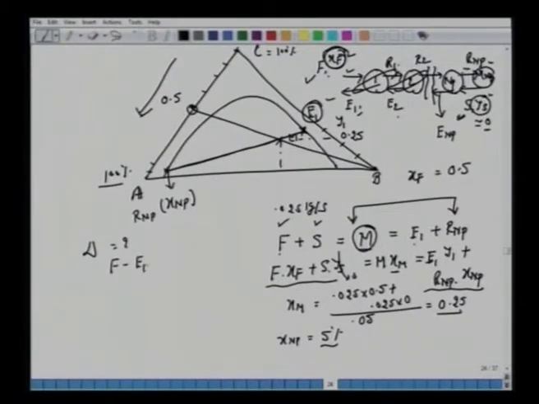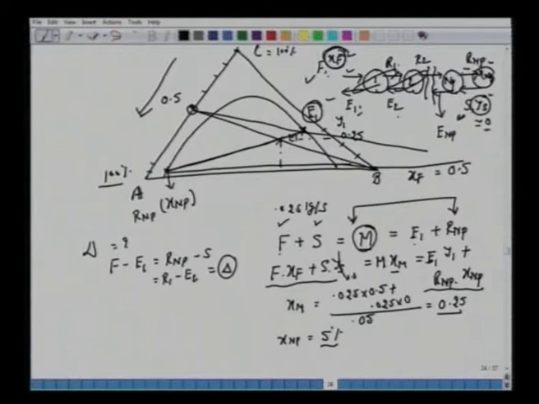F minus E1 is RNP minus S, or R1 minus E2, and so on, and this is constant delta. So that's the advantage of working with delta here. So this E1, if you extend this line going through 0, you will get the delta point.